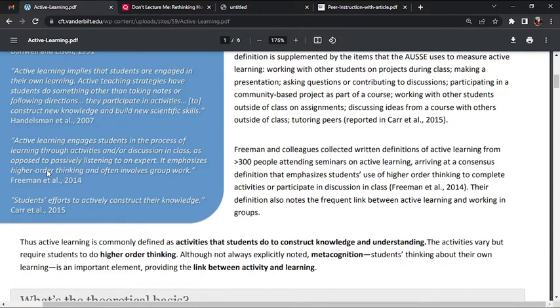So here is another bullet point: when you are going through coding tutorials, you should not just be a passive listener whereby you just sit and listen to an expert. Getting into active learning, which will make your learning much easier, means that you should be engaged in the process of learning through activities and discussion in class.